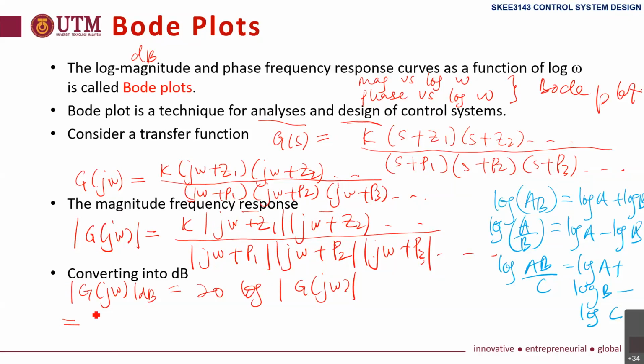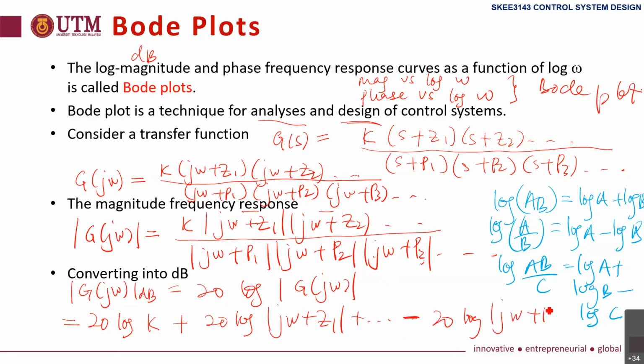So it will be 20 log K plus 20 log of j omega plus Z1, plus all for the zeros, minus 20 log of j omega plus P1, minus 20 log of j omega plus P2, minus all the poles.